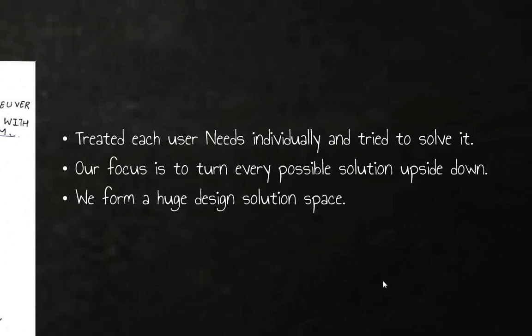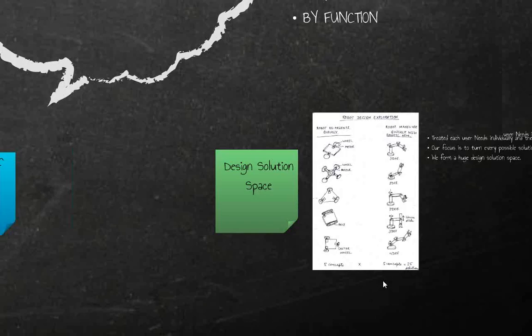So now what we have done, we have treated each user need individually and tried to solve it. Our focus is to turn every possible solution upside down and not leave any alternative unexplored. And with this method, we form a huge design space to explore and find solutions.